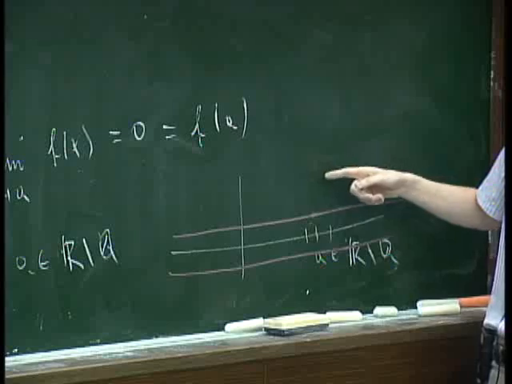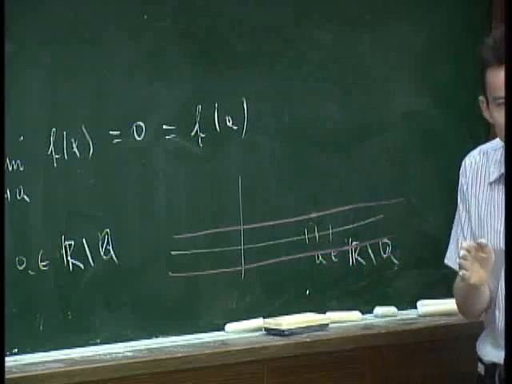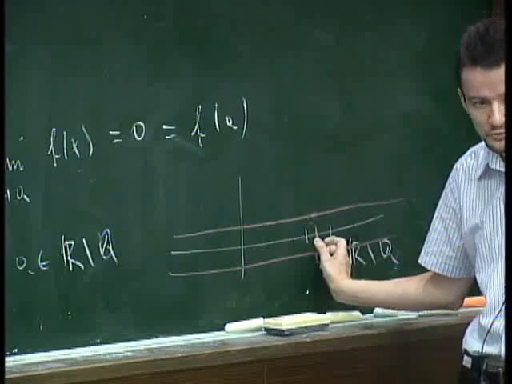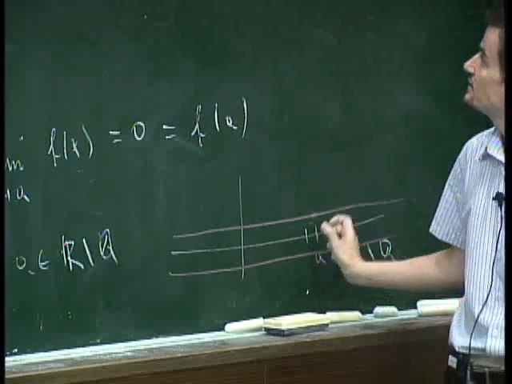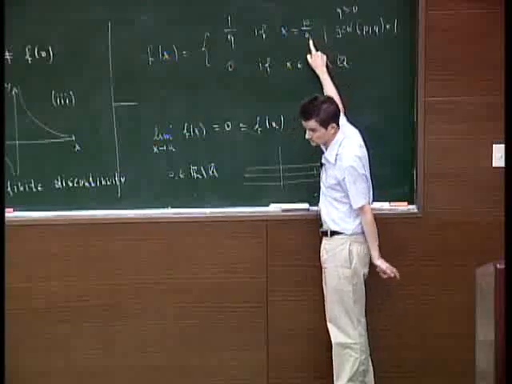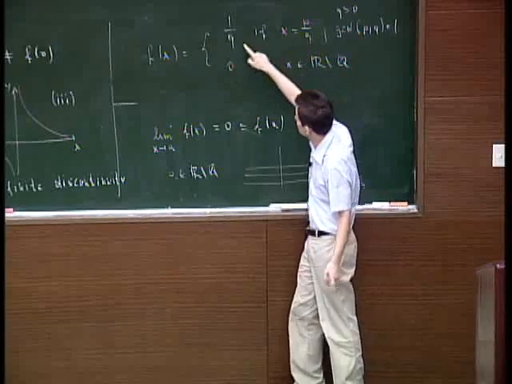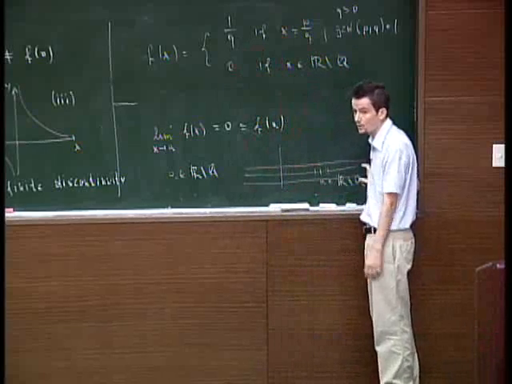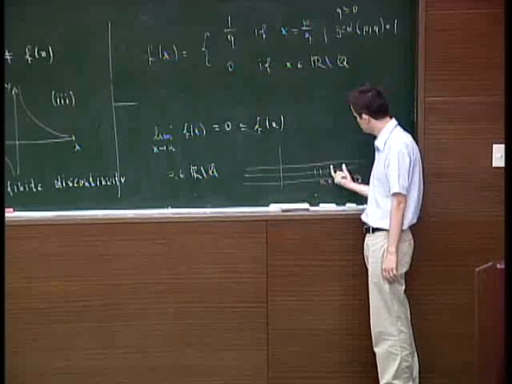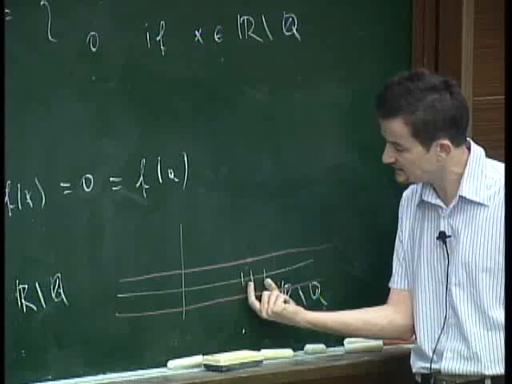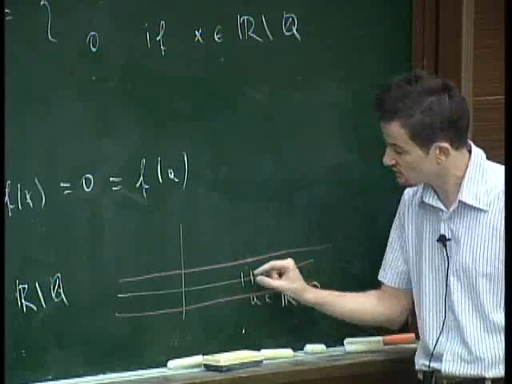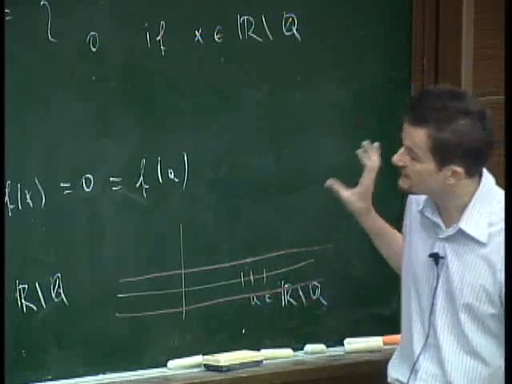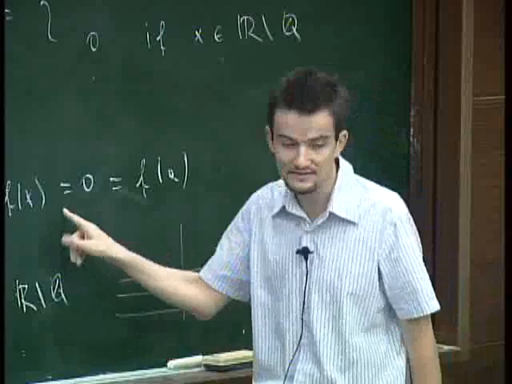Now, if a is an irrational number and you make this sufficiently small, of course you will encounter rational numbers, but the rational numbers will have a large q, which means that 1 over q is getting small. So they are mapped inside the epsilon strip from some point on. So you can choose a delta interval which is small enough such that all the x have a function value inside the epsilon strip. And this proves by the epsilon delta definition of the limit that this limit is 0.